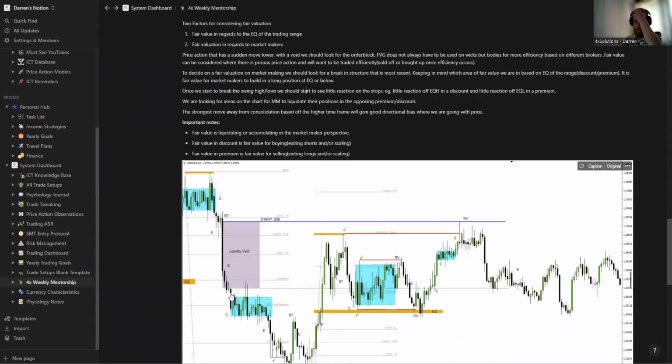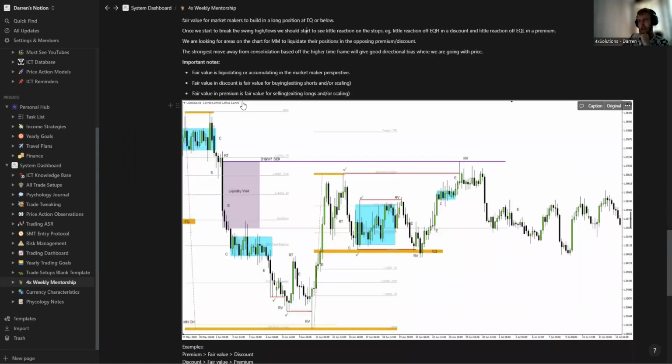So you can come through here and read what I've written out here, but this is a crude depiction of really what fair valuation looks like. And we can say that fair value is liquidating or accumulating from the market maker perspective.